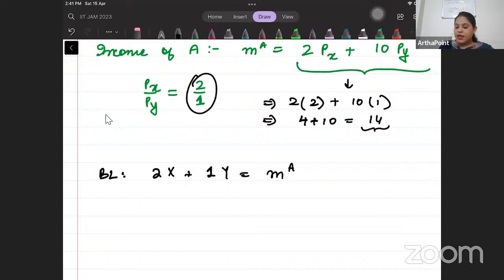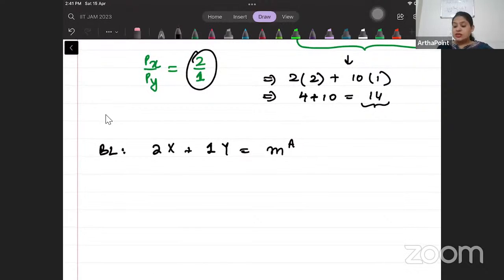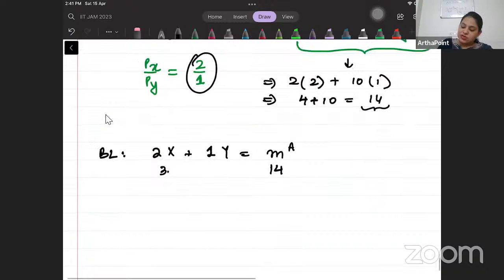This is the budget line. Price is 2, 1. I can consume X units of good X and Y units of good Y. So the price ratio is this. This is my budget line. Beta, I have found the income as 14. Good X is 3.5 units.